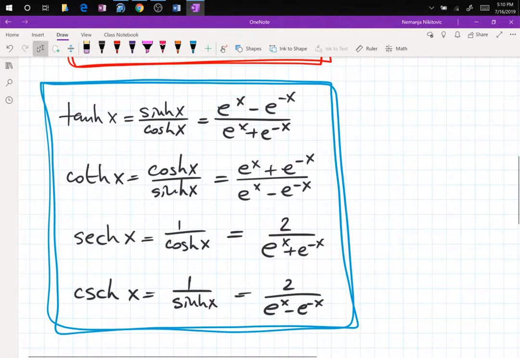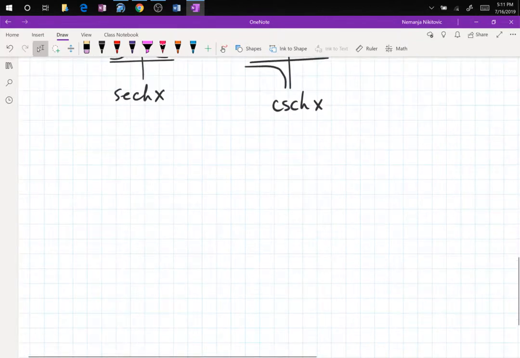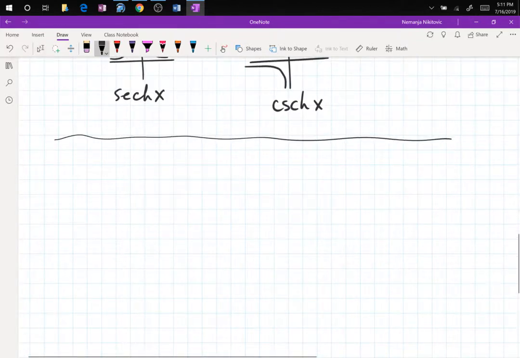So we get a list of 12 identities on page 504, which we can prove by substituting e's for sine hyperbolic and cosine hyperbolic, and then working out the algebra. Those are some of the cool problems you can have on the test.